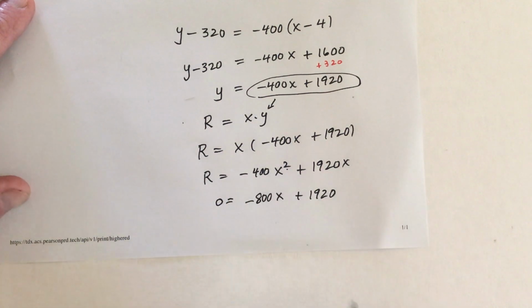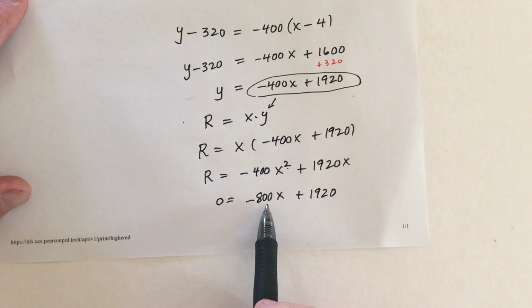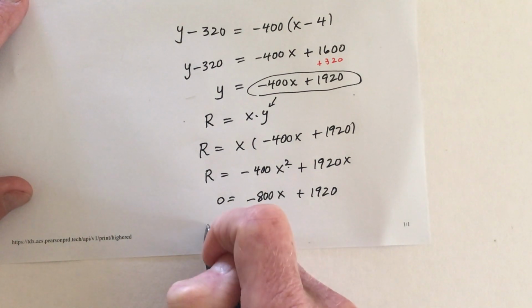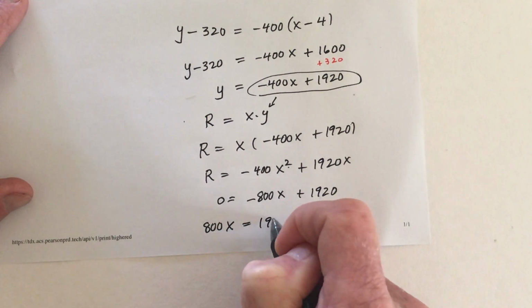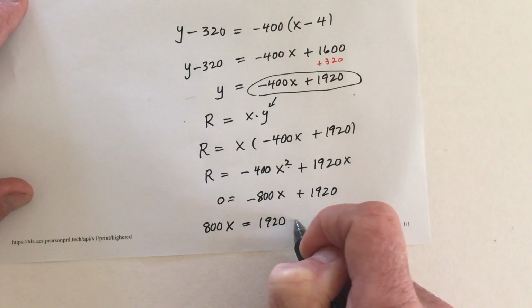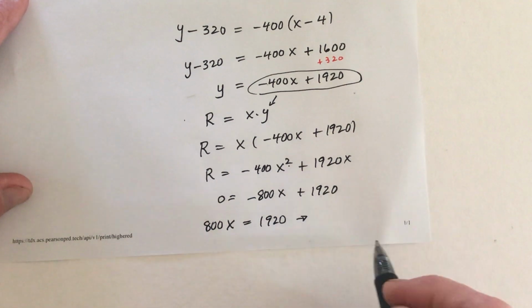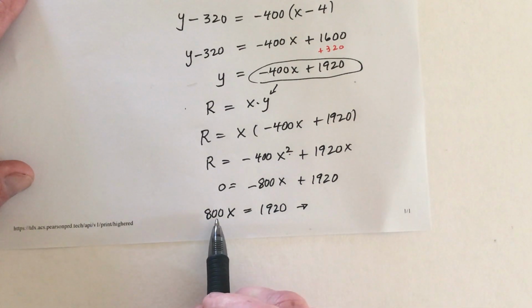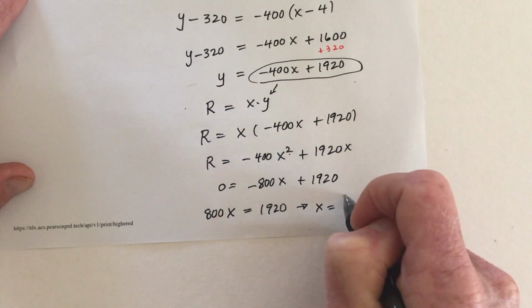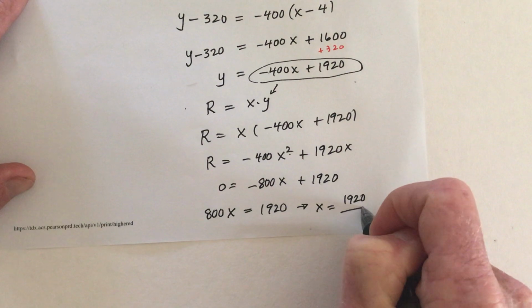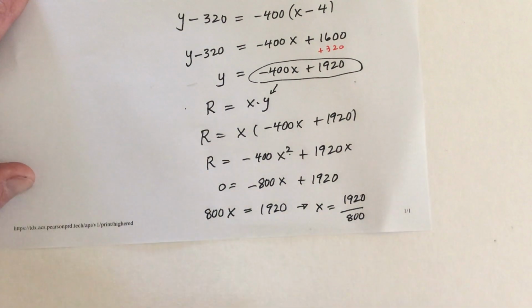And then once you have that set equal to 0, you can take this negative term, move it to the left side. It becomes a positive 800x equals 1920. And then I just need to divide both sides by 800. So divide by 800, divide by 800, x equals 1920 divided by 800.